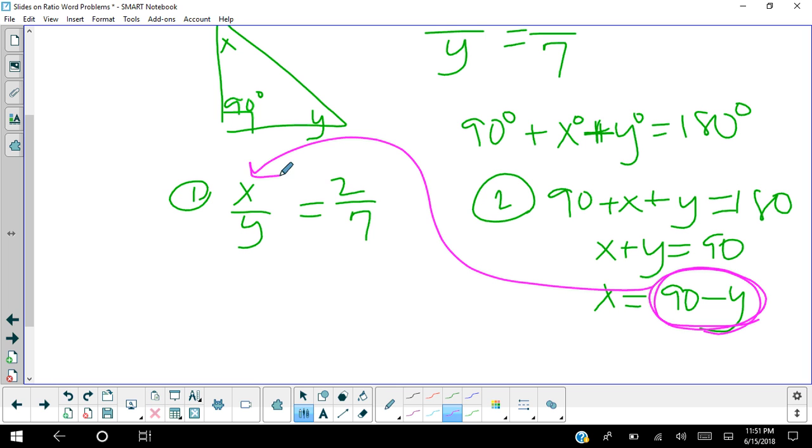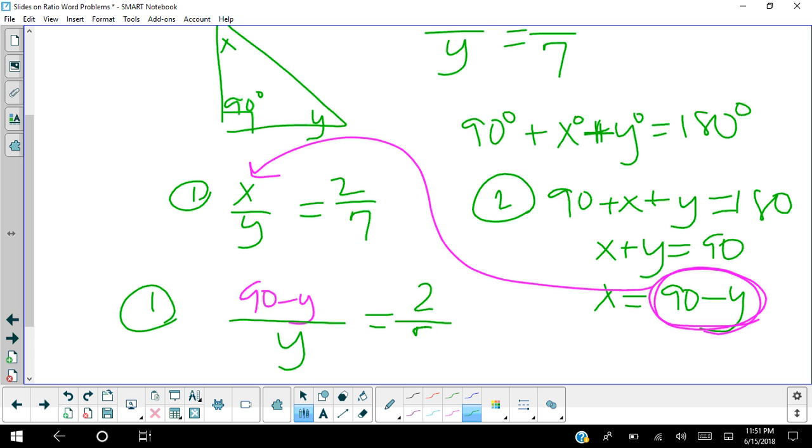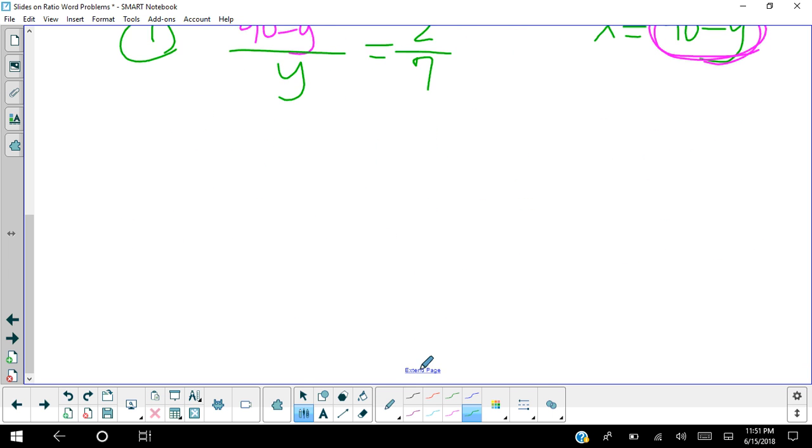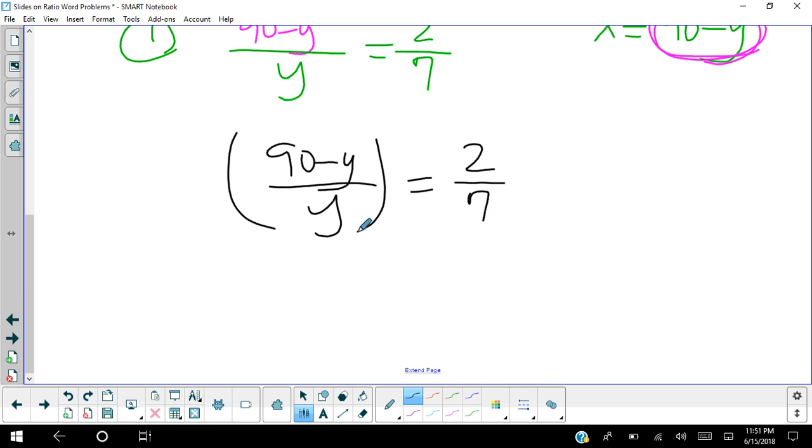So equation 1 now becomes 90 minus y over y equals 2 over 7. And that's what I need to solve. So 90 minus y over y equals 2 over 7. Least common denominator there would be 7y.